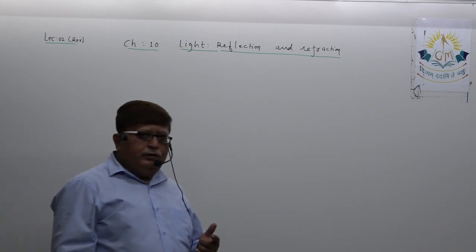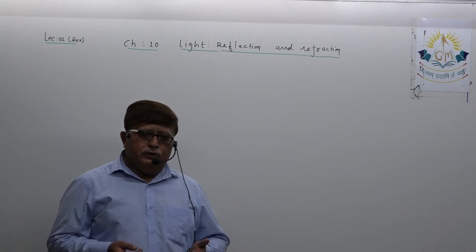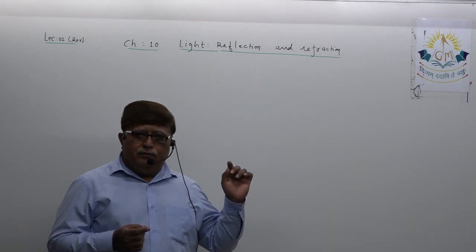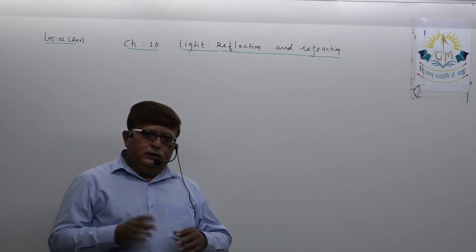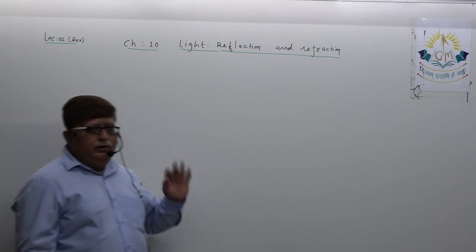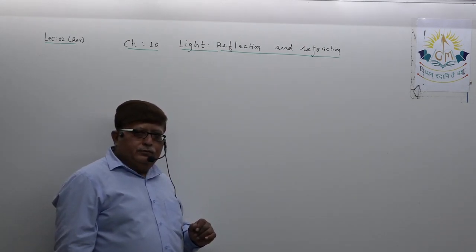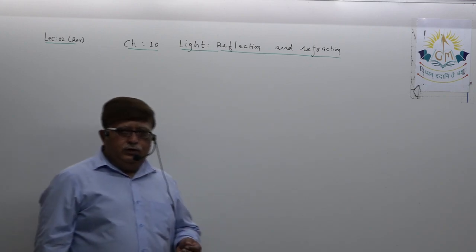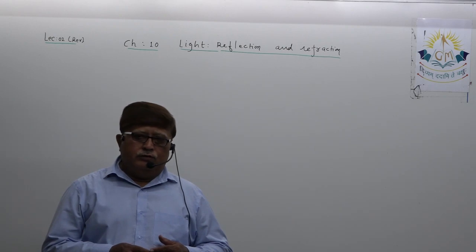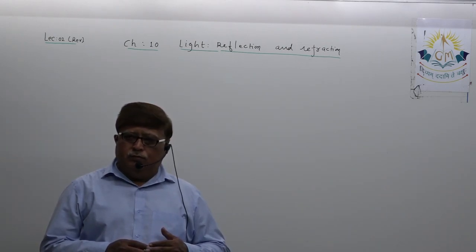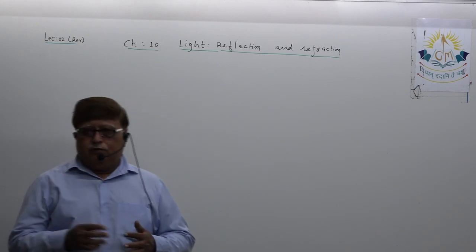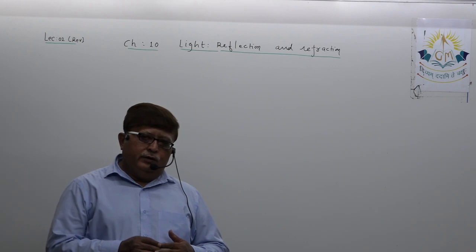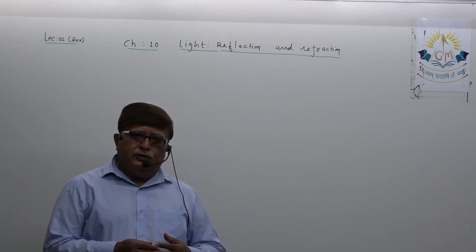You already know the symbols, dear student, because as I told you, when I dictate the sum, at the same time I will represent the data. u stands for object distance, v stands for image distance, h stands for object height, h dash stands for image height, f for focal length, m for magnification.